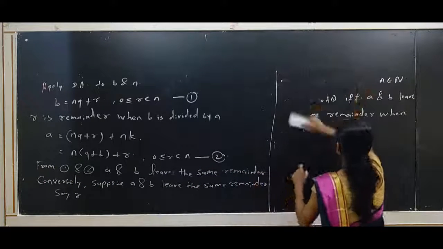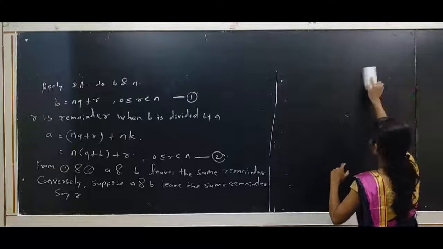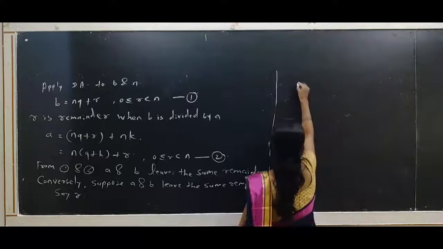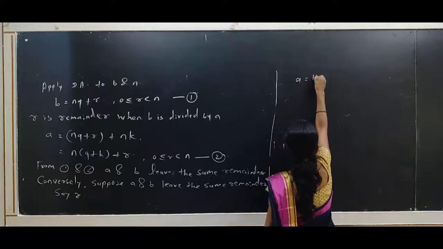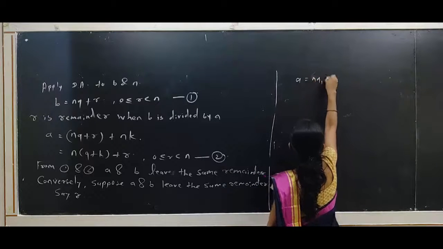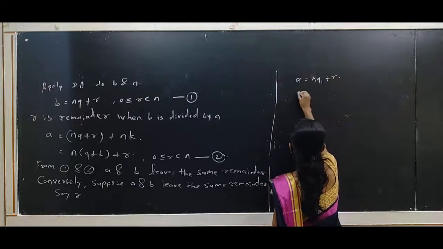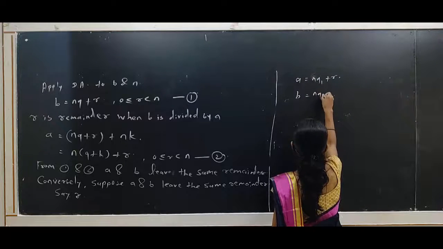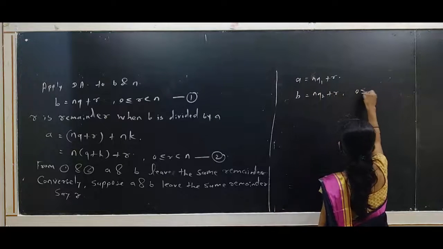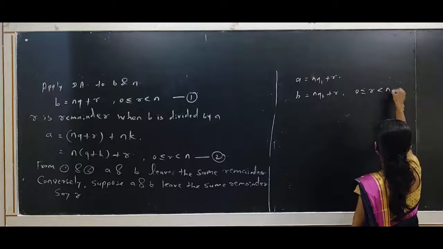Okay, so here we get a equals nq1 plus r and b equals nq2 plus r, where 0 less than or equal to r less than n.